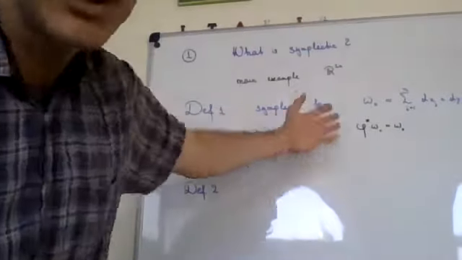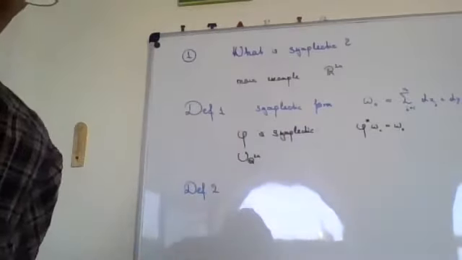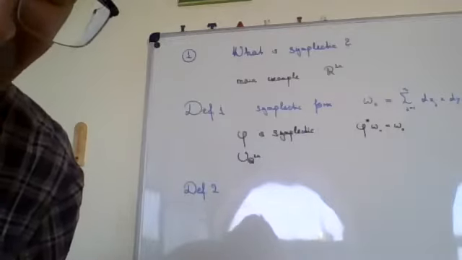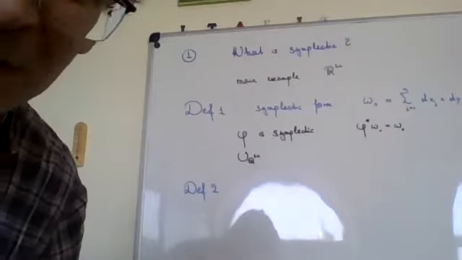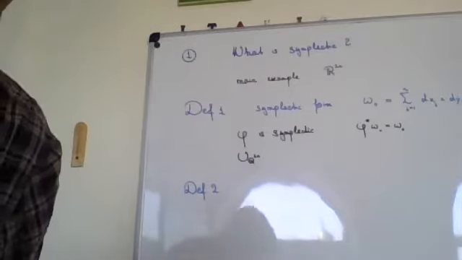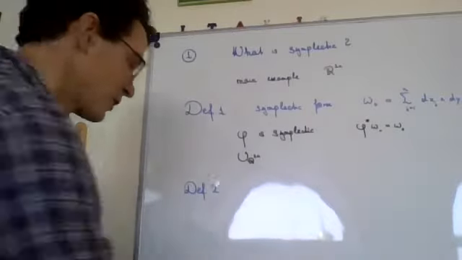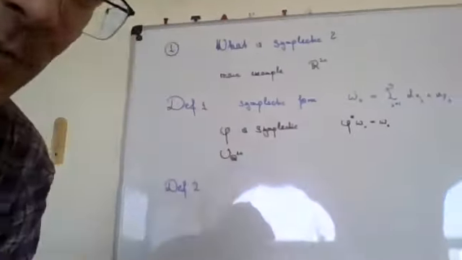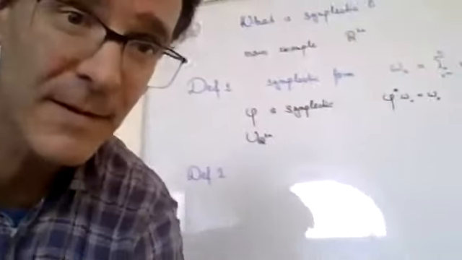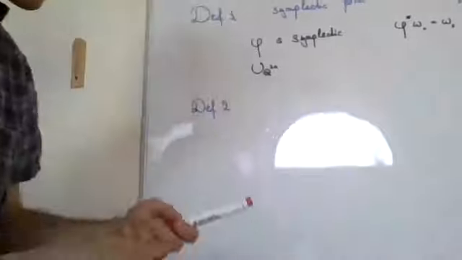The definition of symplectic is given, and everybody knows it, and usually it's the end of the class because everybody leaves. So for Nikita and Natalia, I want to give another definition right now. Definition two.